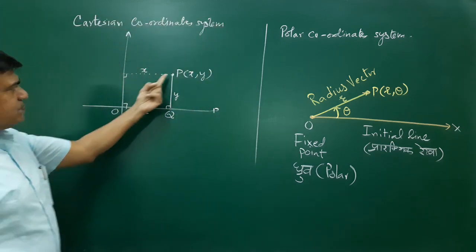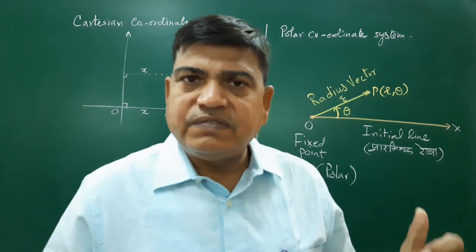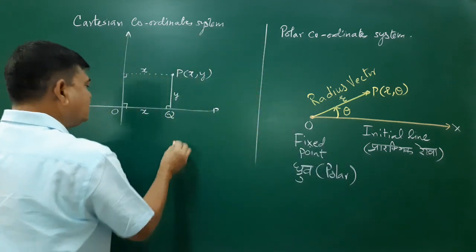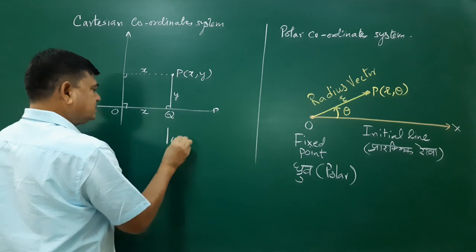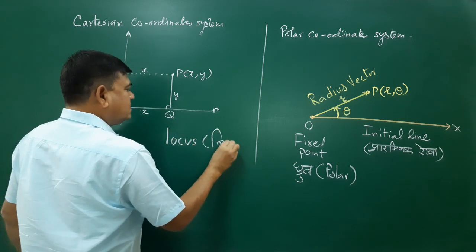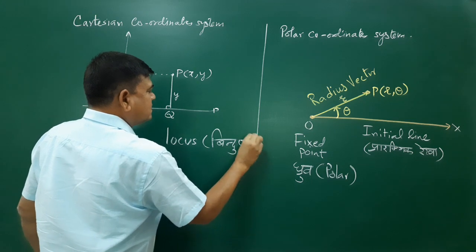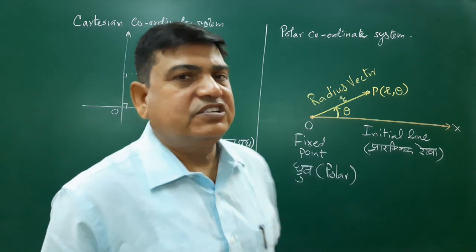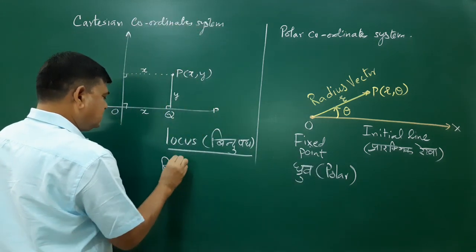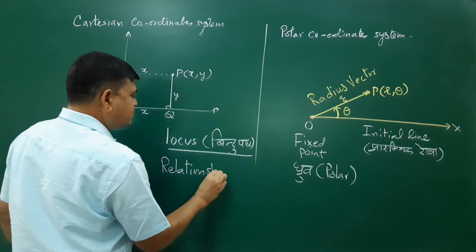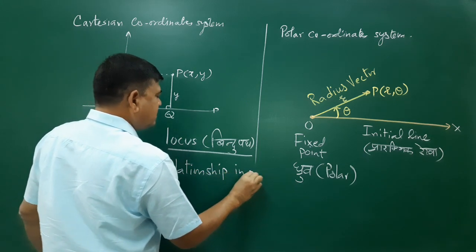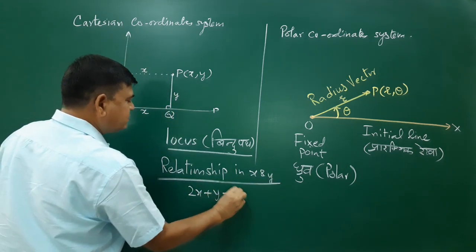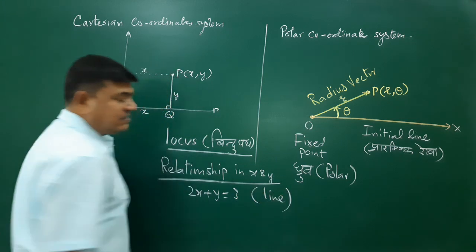So if this point moves with some conditions, then the path is obtained. That path is known as locus. Locus means the path, that means the mathematical relationship in X and Y. For example, I write 2x plus y equals 3, then this is a line.